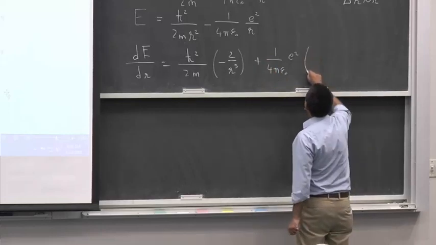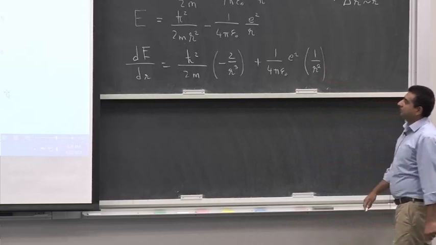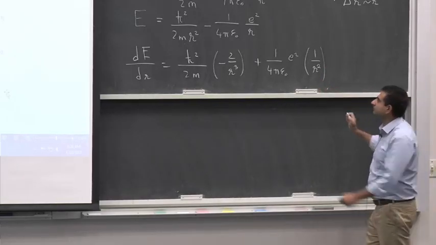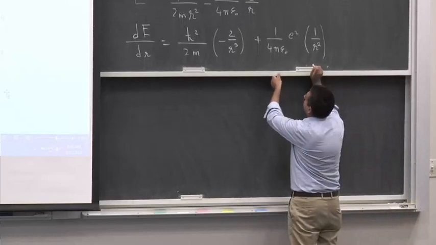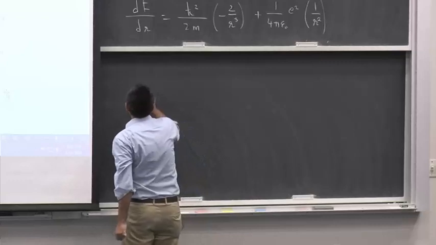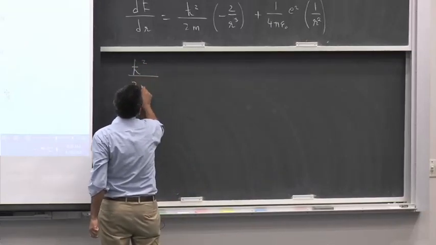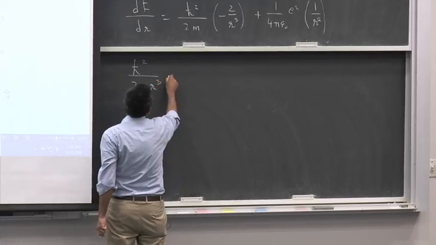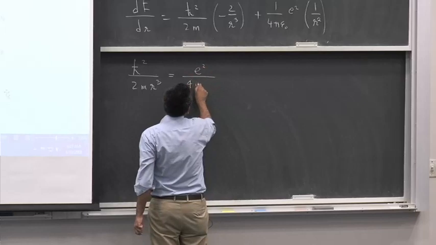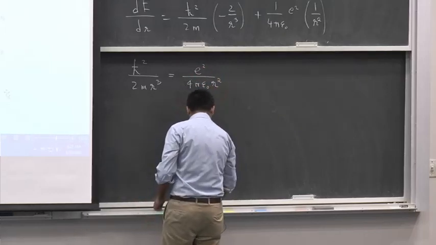I put a plus here, 1 over r squared. Now I can solve this for r. h bar squared over 2m r cubed equals e squared over 4 pi epsilon naught r squared.